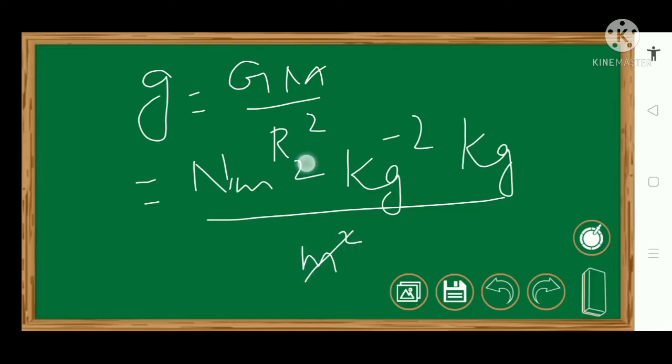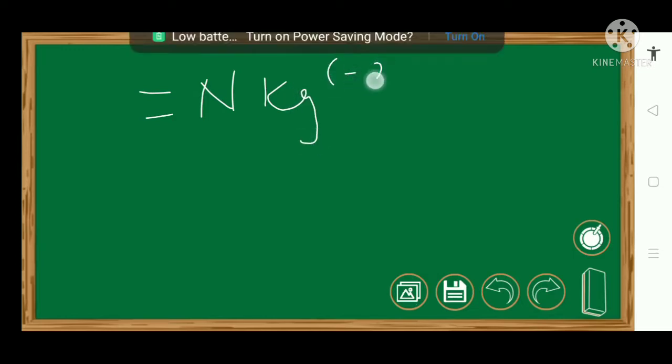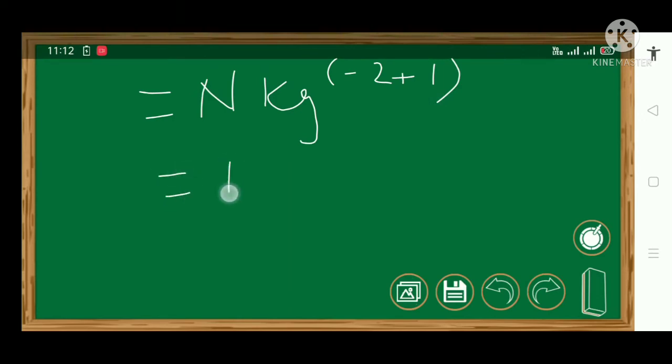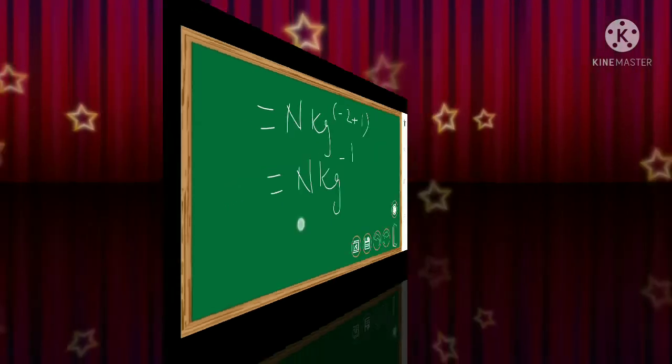Meter square gets cancelled. That equals Newton kilogram power minus 2 plus 1. That is equal to Newton kilogram power minus 1. It is the correct answer.